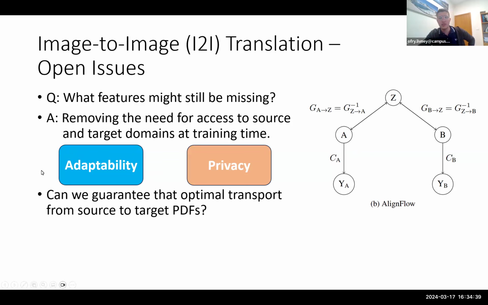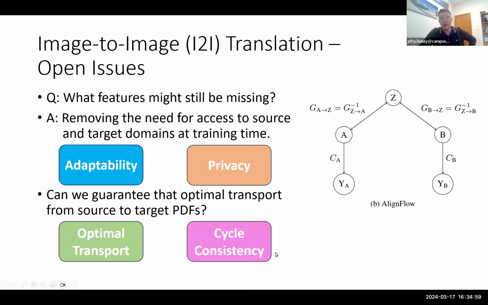So in addition, they also asked the question, since in image-to-image translation we actually perform some mapping between one source probability distribution to a target probability distribution function, can we do so in an optimal transport manner? So they also wanted to add this feature to the algorithm. And in addition, they wanted to retain this cycle consistency notion as was brought up in the InstaFlow paper.